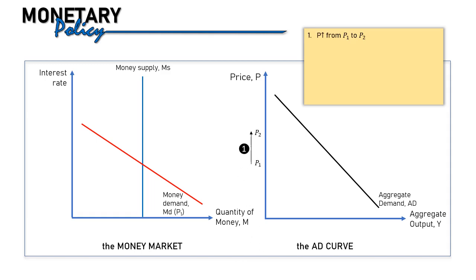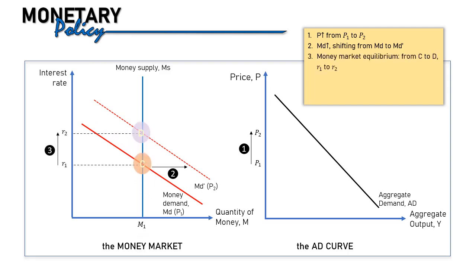With the theory in mind, it's easy to see the interest rate effect when price changes. For instance, price increases from P1 to P2. Look at the money market diagram here. Higher price means more money needed to facilitate the transaction of goods and services. Demand for money then increases and the curve shifts to the right. With fixed money supply, the excess money demand will then increase the equilibrium interest rate.